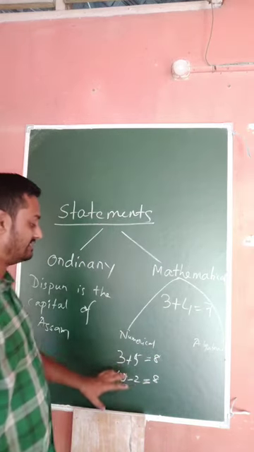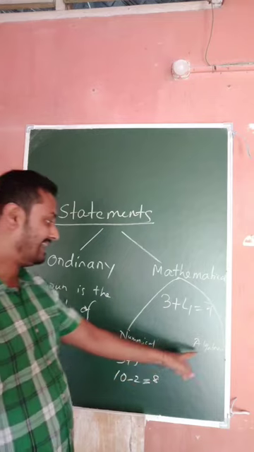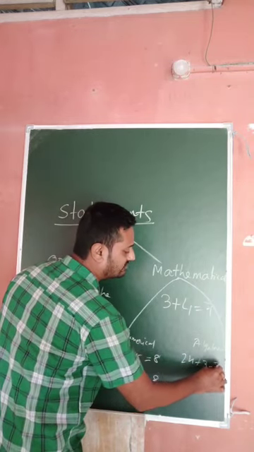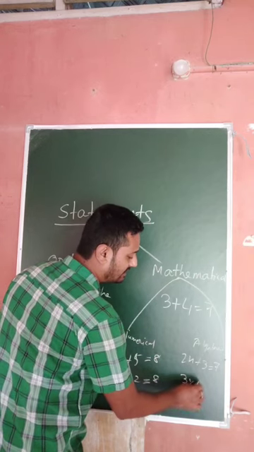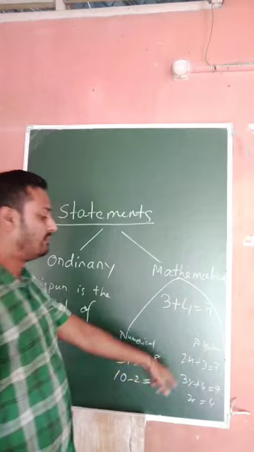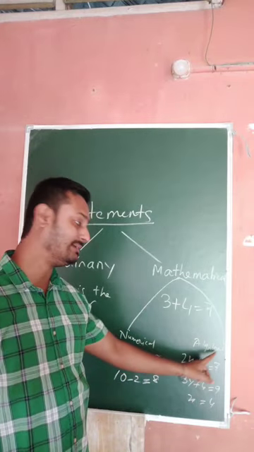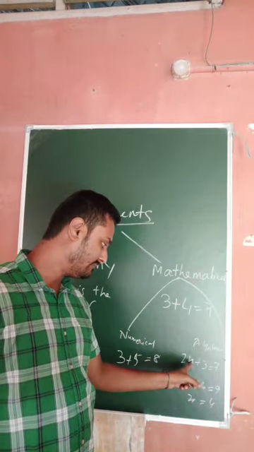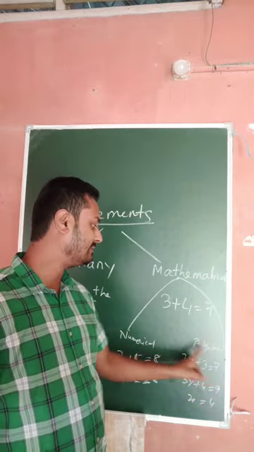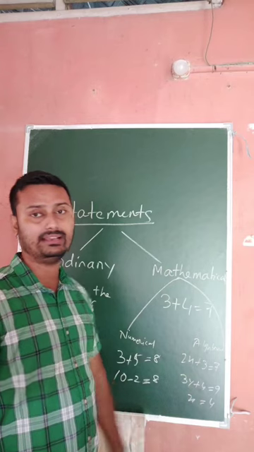This type of statement is numerical. And algebraic, suppose 2x plus 3 equal to 7, 3y plus 4 equal to 9, suppose x equal to 4. This type of statement is known as algebraic statements, that is, the variables x, y are present. Both numerical and algebraic statements belong to the mathematical statement.